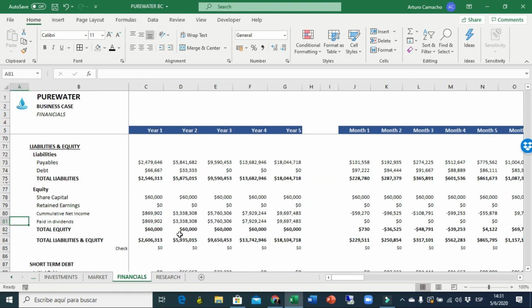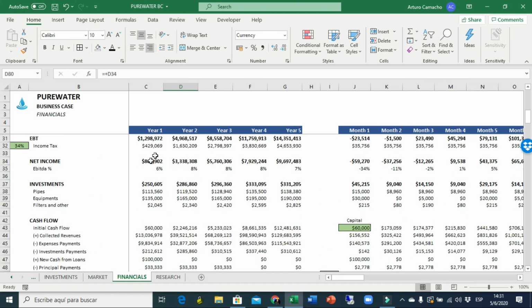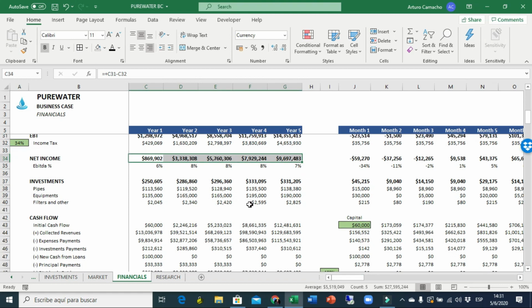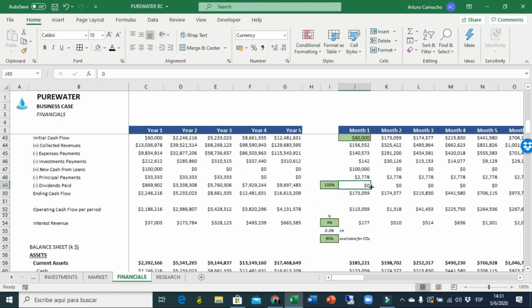Okay, so this is mainly the net income up here, right? And the yearly value is just all the net incomes. Okay, paid in dividends. The way to calculate it, I already explained, and here it's just the line of the cash flow.